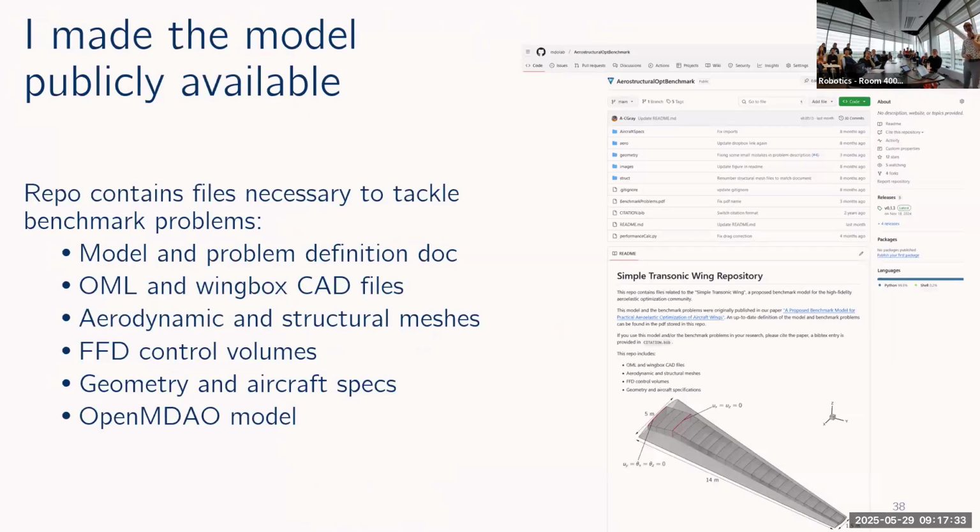So back at SciTech 2024, I proposed this model in a paper, and I also published online all of the files that I thought people would need to tackle these problems.